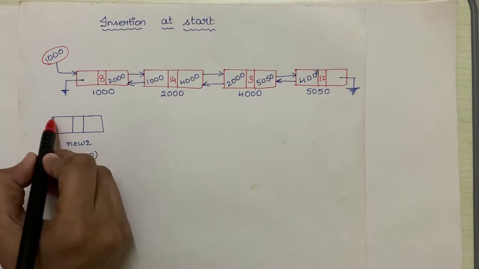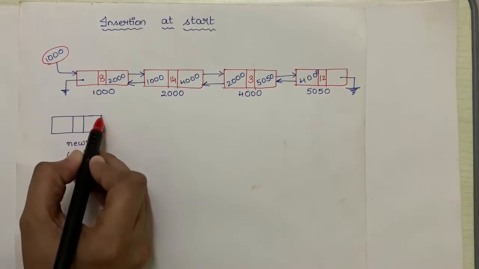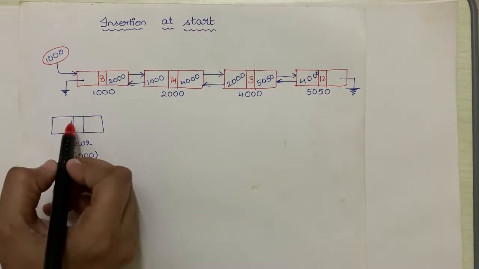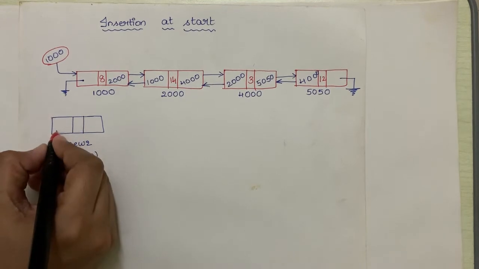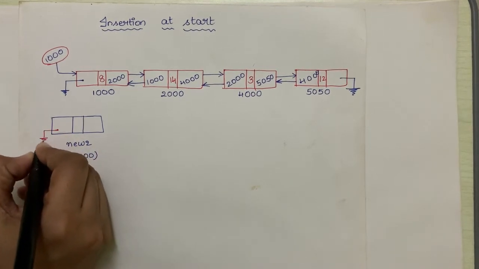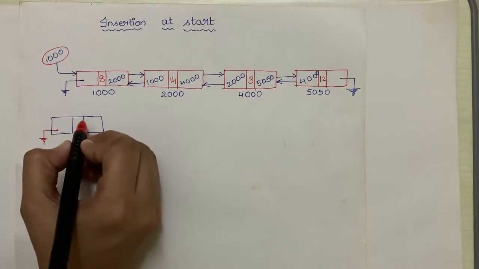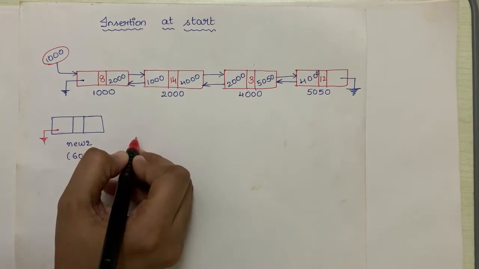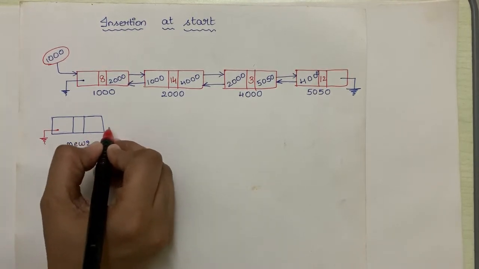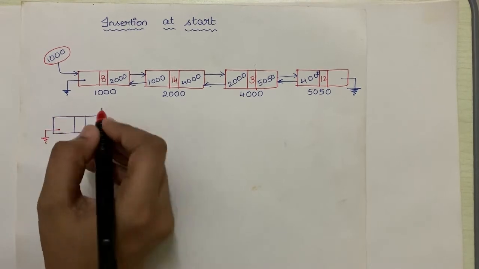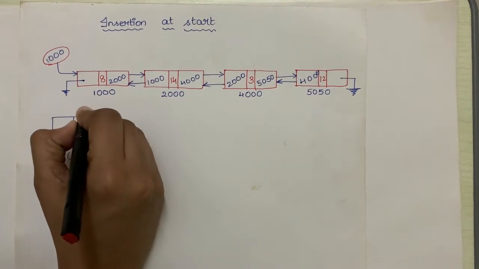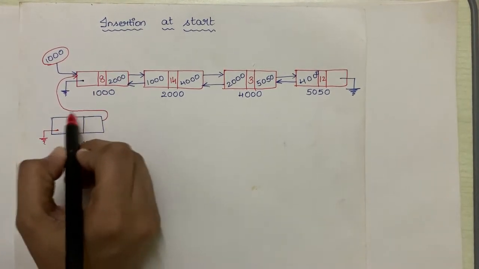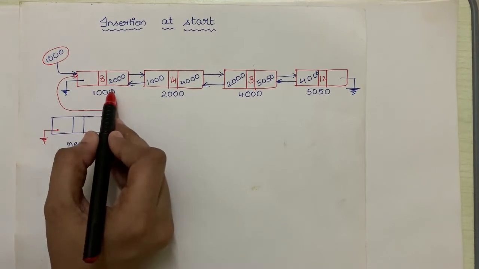Now, if you want to insert this new2 node as the starting node of the double linked list, what should be the property of this field? It should store null, right? Now, what is the property of the third field of the new node? It should store the address of the next node. What is the address of the next node? It should be the starting node. Now, if this is the starting node, this should be the second node in the double linked list.